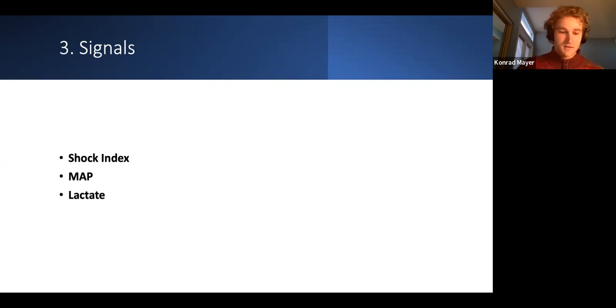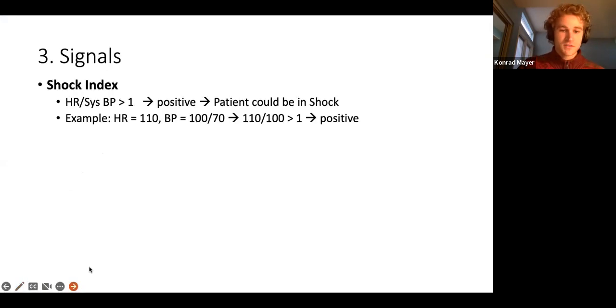So what is the shock index? To determine the shock index, all we need is the heart rate of the patient and the systolic blood pressure. And if we build a fraction out of the heart rate and systolic blood pressure, and that is greater than 1. So if the heart rate, let's say, is 110, and the blood pressure, as here in my example, 100/70, 110 is greater than 100, and this means that the shock index is positive.